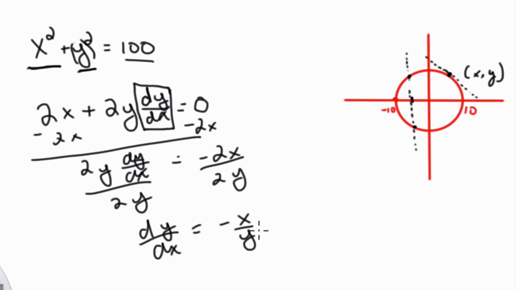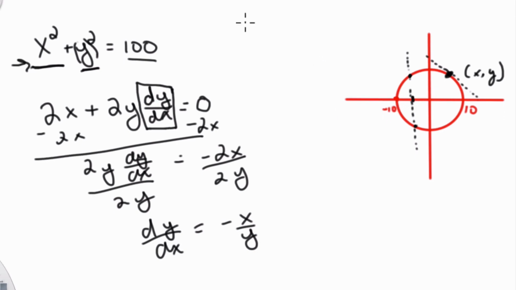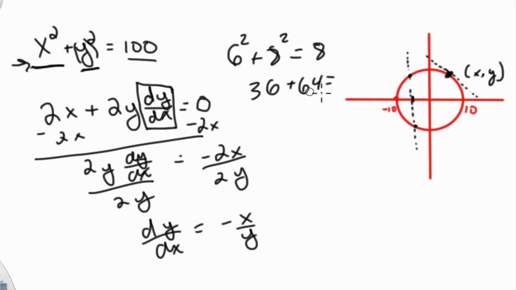So if I'm looking at this point on the function, I can come up with a point on the function of 6 and 8. If you square 6 and 8, is that going to give you 100? 6 squared is 36. 8 squared is 64. 36 plus 64 is going to give you 100.